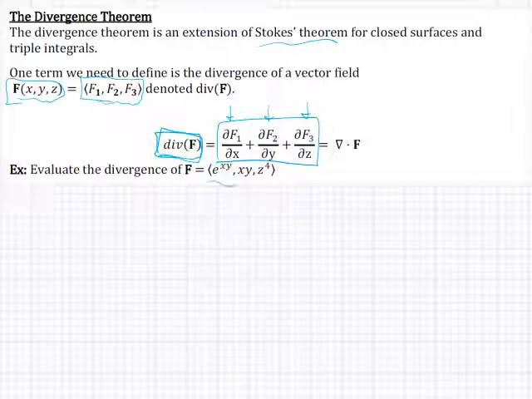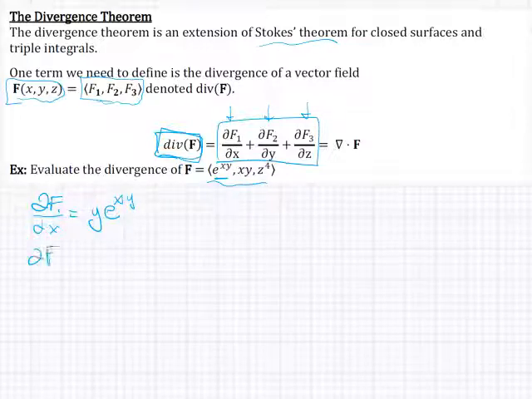So let's say here's our vector field, and we want to calculate the divergence of this vector field. So if I did the partial of F1 with respect to x, that would give me the derivative of this with respect to x. So that would be what? y e to the xy. Okay, y is treated like a constant.